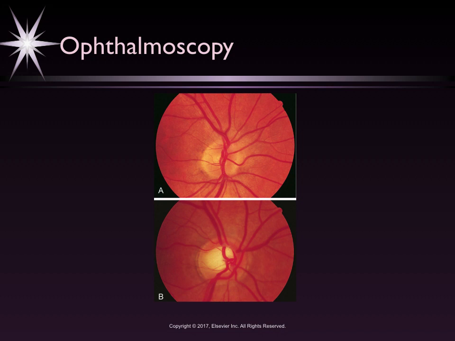So when we look at the retina with the ophthalmoscope, what we may see is what they call cupping of the optic disc. If you look at the top picture, you can almost see an edge of a cup going around the optic disc.